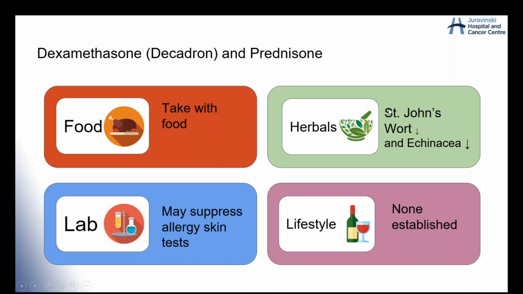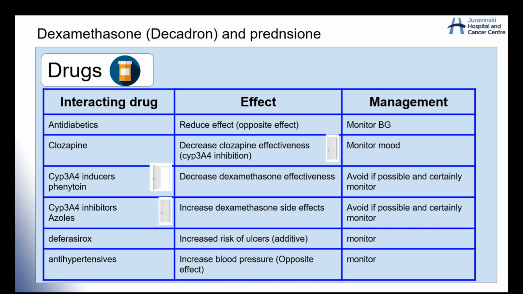St. John's wort and echinacea, again, are common herbal products that interact with medications, and dexamethasone and prednisone are no different. Again, I mentioned this idea earlier with cyclophosphamide, that they may suppress allergy skin tests because they are suppressing the immune system as a side effect sometimes. And then there are no established lifestyle factor interactions with dexamethasone and prednisone that we know of.